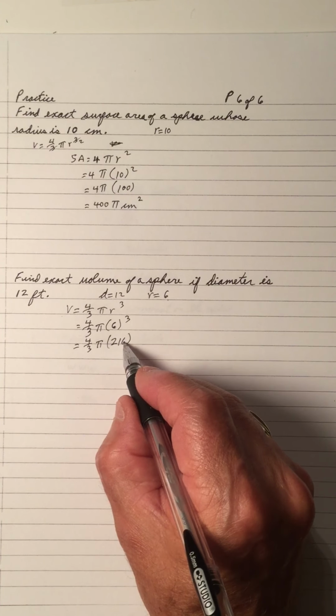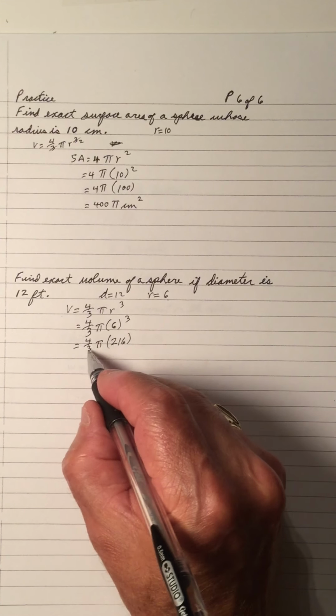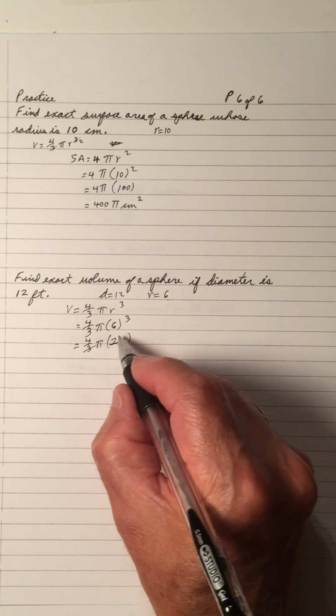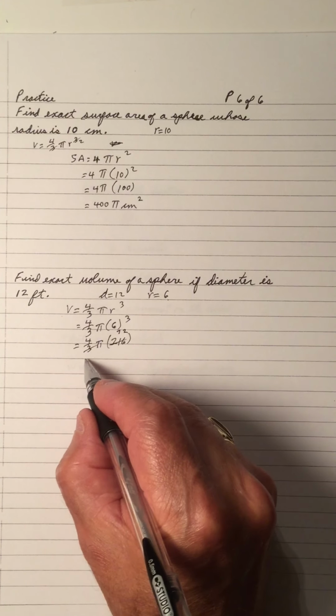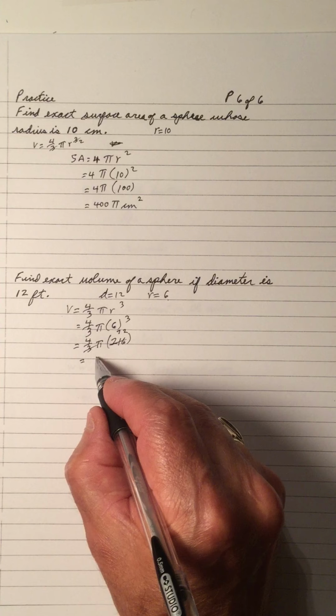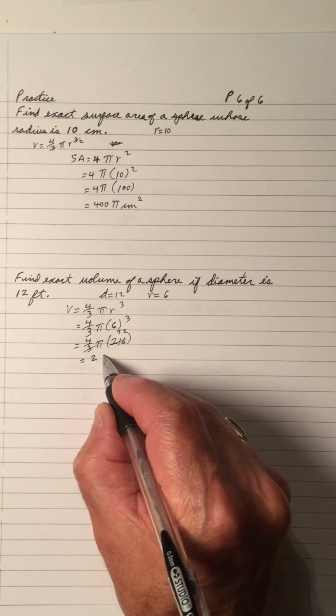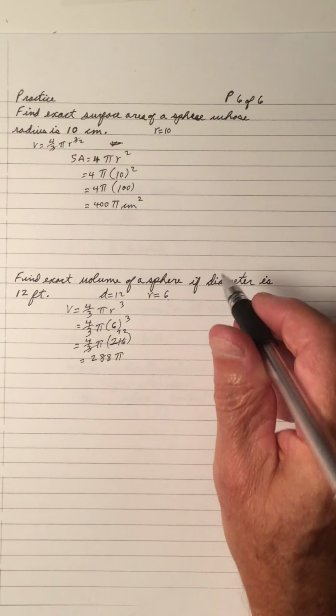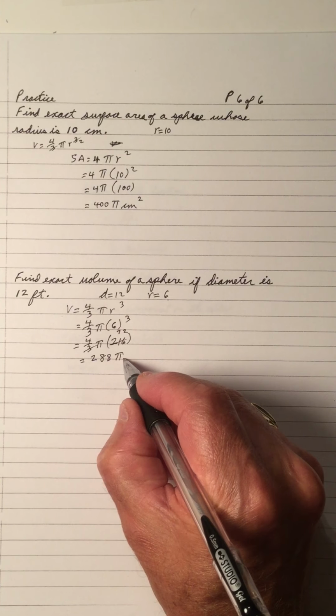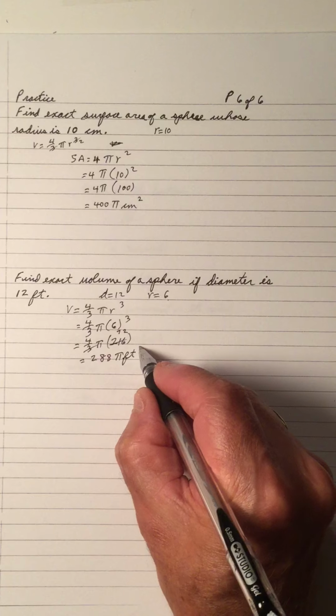If the digits add up to 9, then it's divisible by 9 and 3. 3 into 216 is 72. And 4 times that is going to give you 288 pi. And it's in feet, so it's volume, so it's cubic.